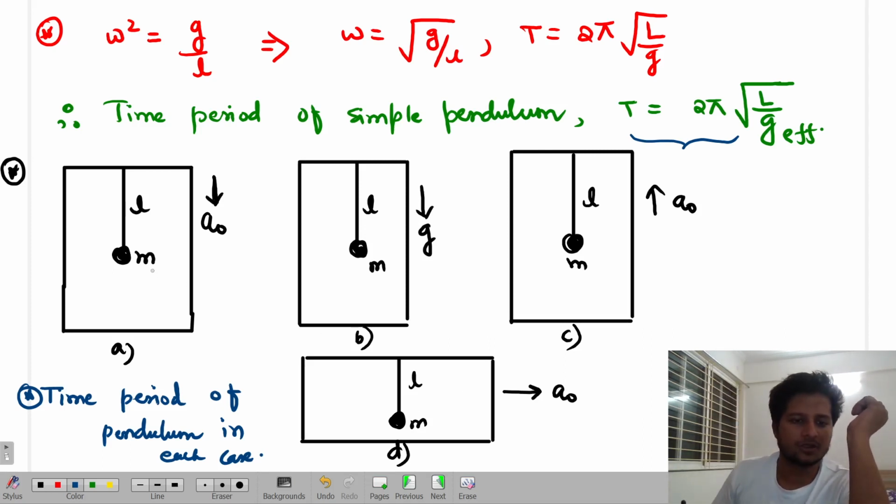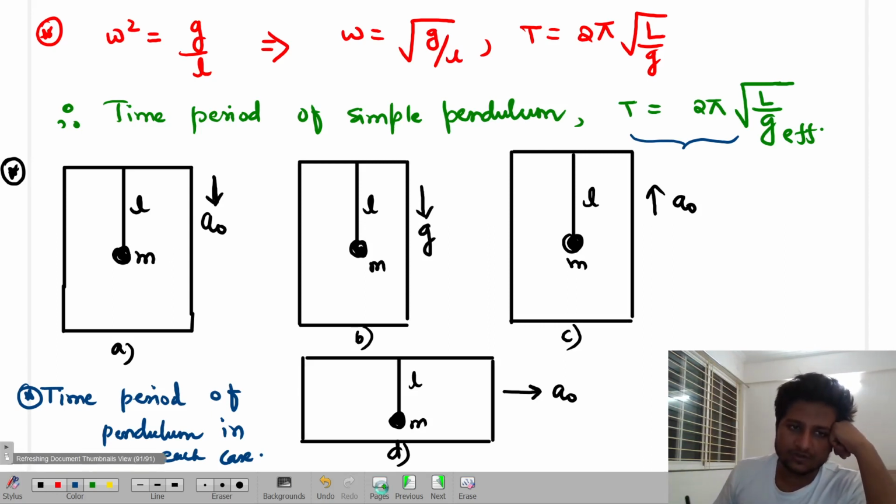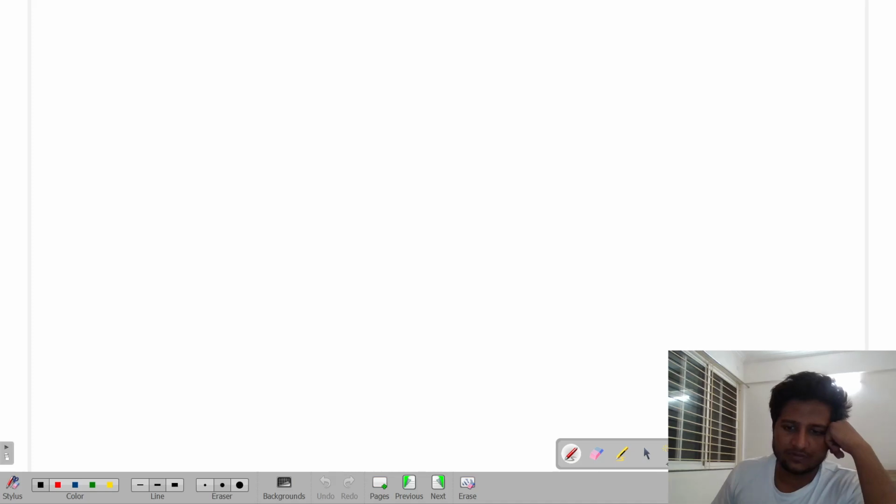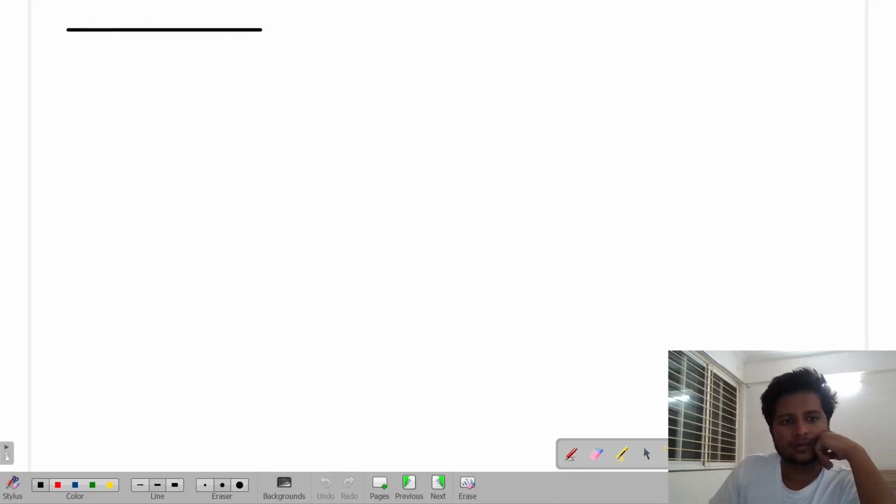Listen carefully. Let's suppose I'll make you understand one of the cases. Suppose I'm taking the first case. The lift is going downwards with an acceleration a naught, isn't it?